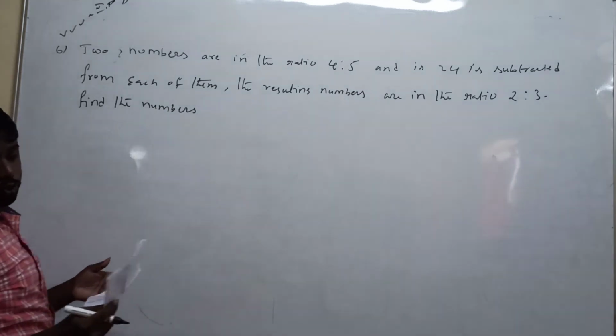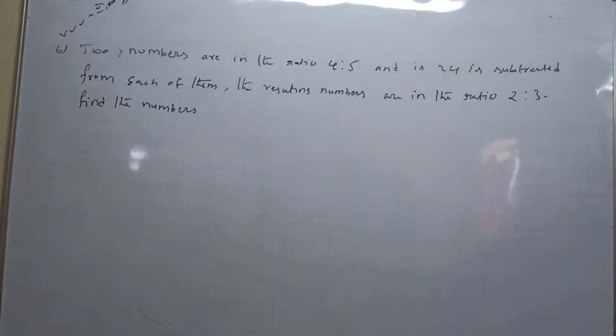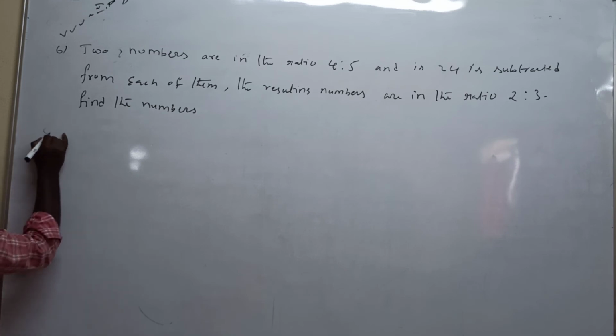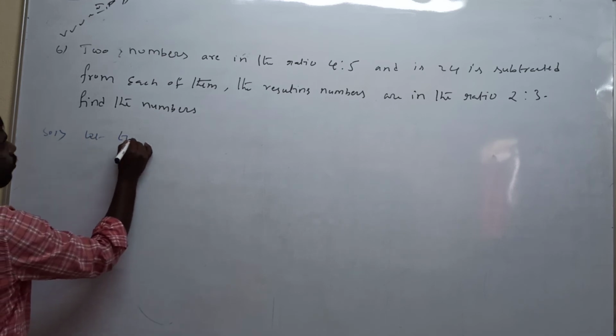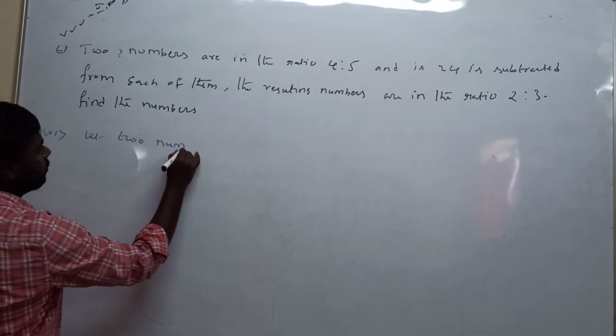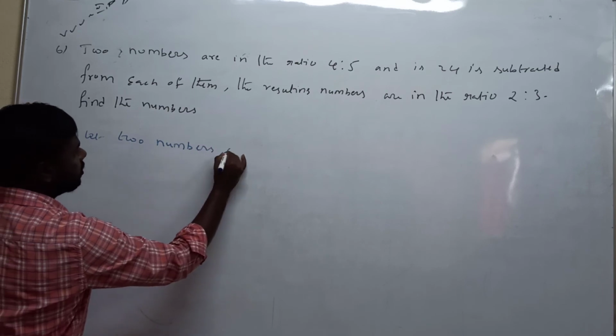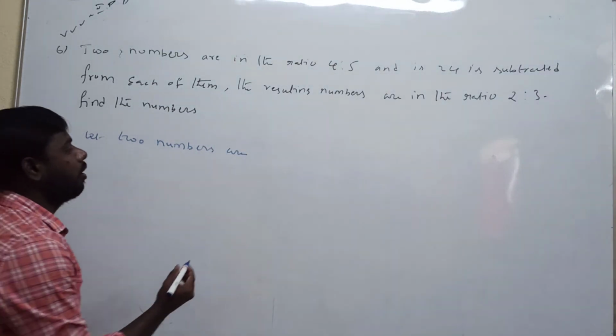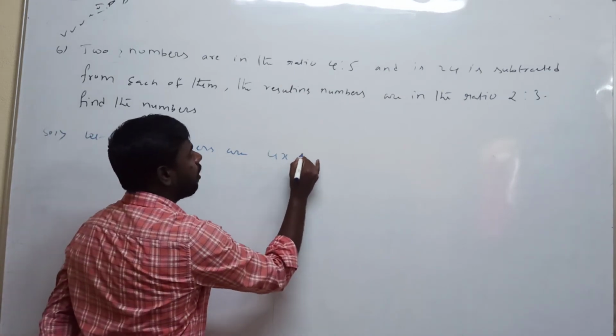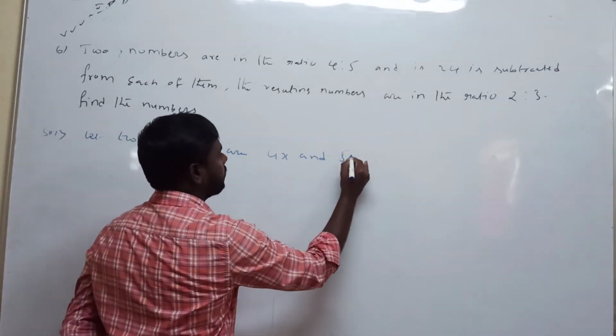Two numbers are in the ratio 4:5. You don't know which two numbers are in the ratio 4:5. That's why we assume the two numbers are 4x and 5x.